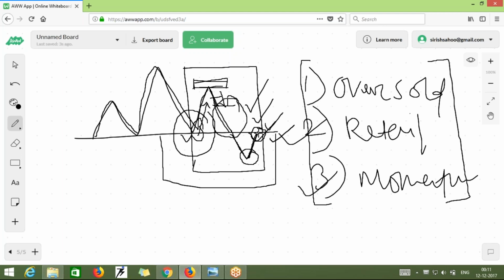And from here, if the stock doesn't move upward, then definitely there would be a larger fall. The targets we have also described in our previous class. This is the target from head to the neckline, and you could trade very nicely using all these things.